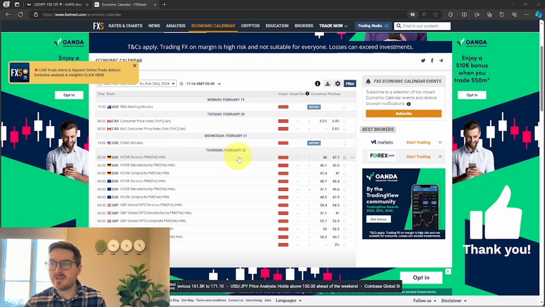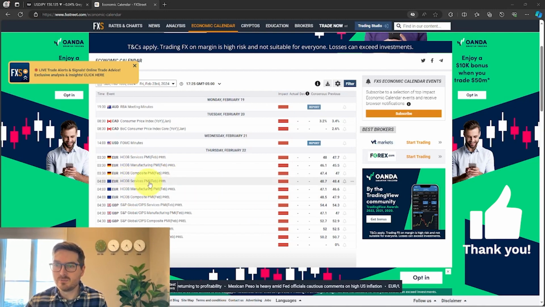And on Thursday, we have a lot of stuff going on. That's the 22nd of February. We've got the Euro HCOB Services PMI for February. We've got the Euro HCOB Manufacturing PMI for February. We've got HCOB Composite PMI for February.